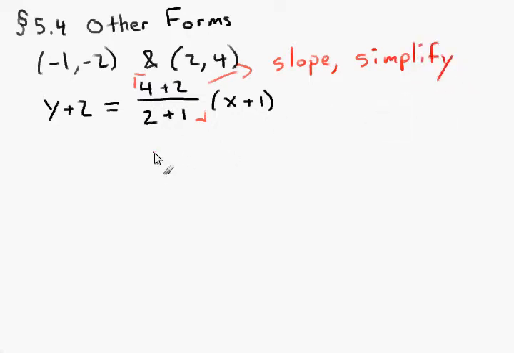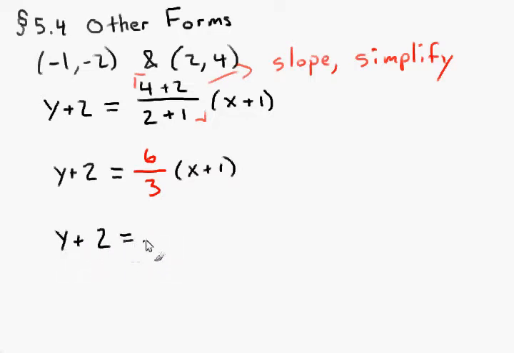So we'll have 4 plus 2, that's 6, 2 plus 1, that's 3, and then we'll fill in the rest of this equation. We're not going to stop here. We'll simplify this again from the fraction 6/3 to the value 2.